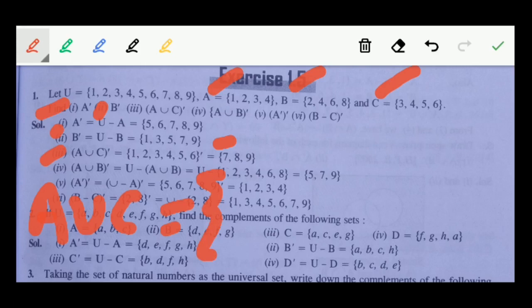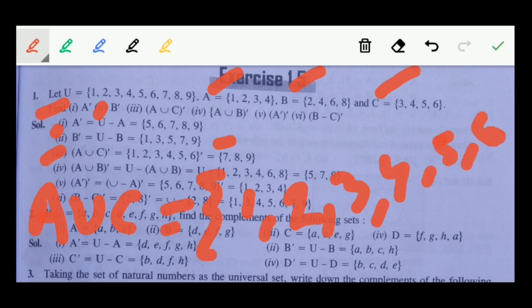So 1, 2, 3, 4, 5 and 6. So firstly you will find A union C, and it contains 1 2 3 4 5 and 6.